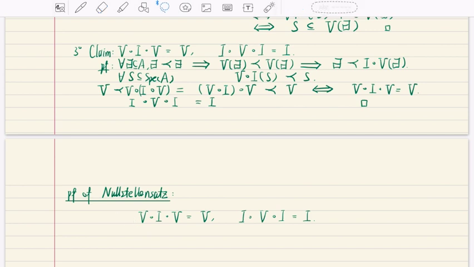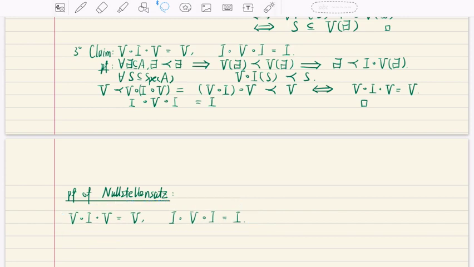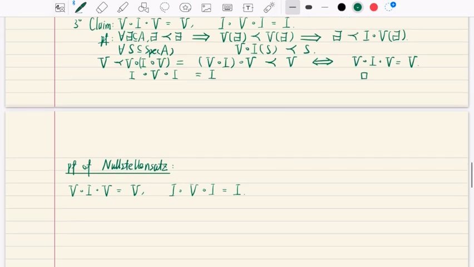As you can guess, that is the magic of the pair V and I. So we must have some general argument for this kind of pairs. That is the Galois connection. We will see it in the next video. But here we can use this statement.